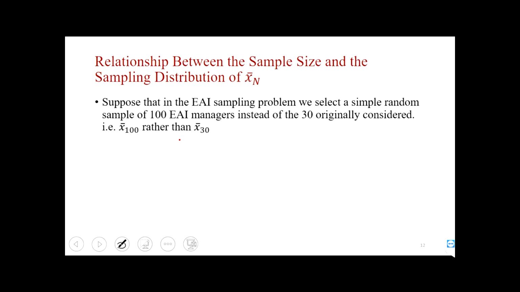So for each and every sample, remember I told you that we have 30 observations. Now let's say we have 100 observations per sample. So we have how many samples? We have 100 samples, right? So we have 100 managers in each and every sample, up till you reach 100.